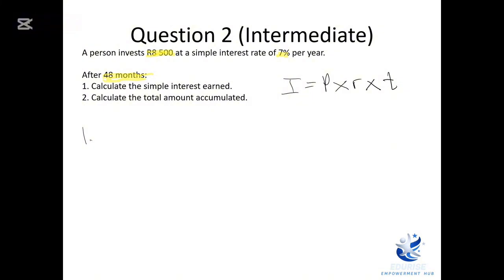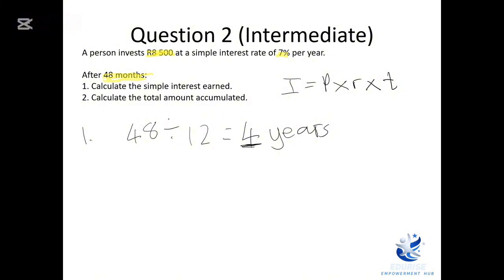How do we convert it? We divide by 12, so 48 divided by 12 gives us 4, which is 4 years. Then now we can work with our years.